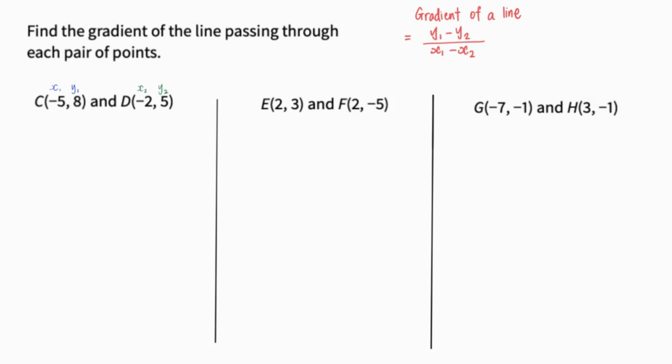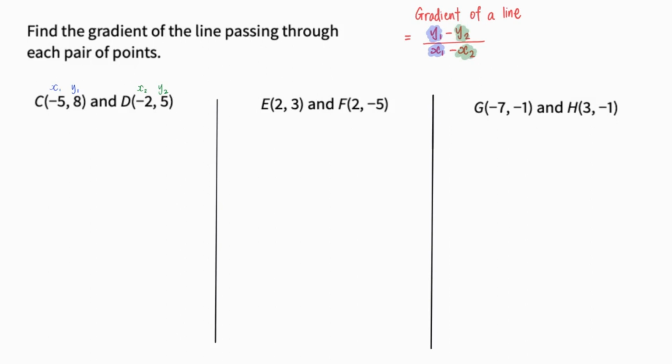If I go back to the formula at the top right, I would color code them, meaning this will be my x1, y1 here, and x2, y2 here. And I just need to apply the formula neatly.